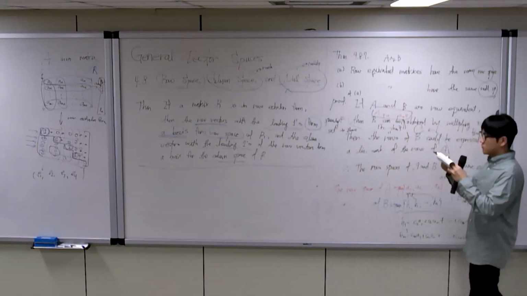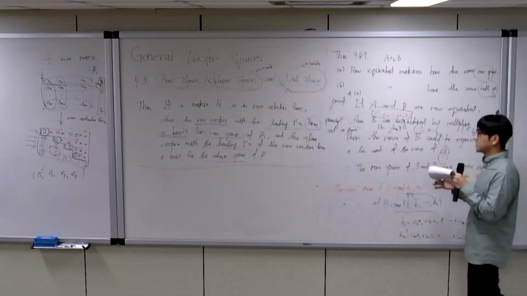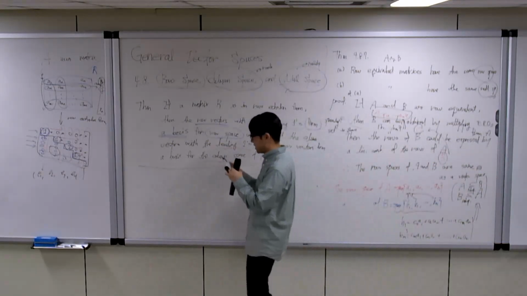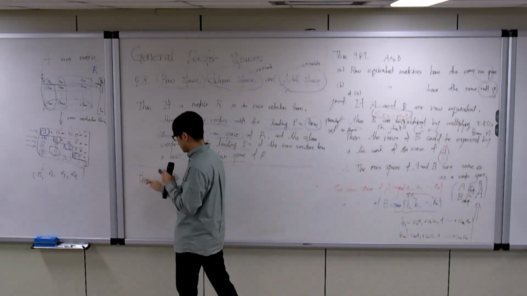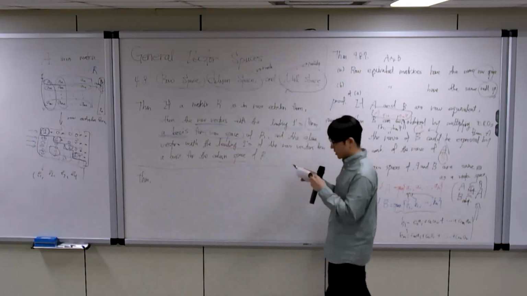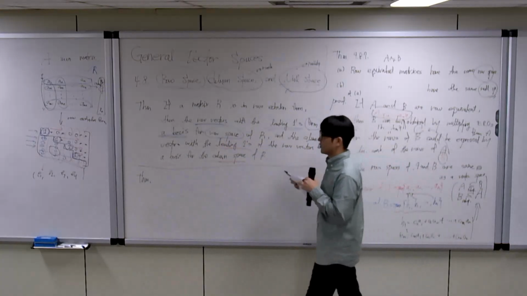The row equivalent matrix gives a useful tool, so I will explain more about it.